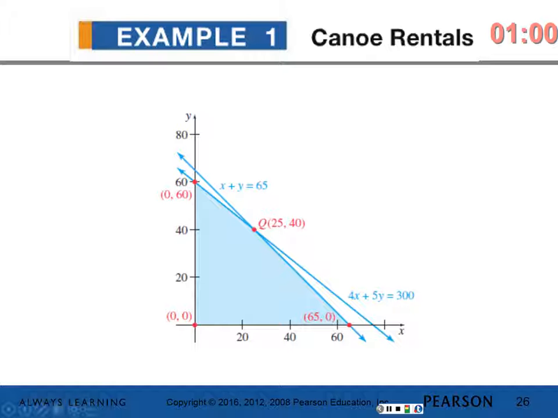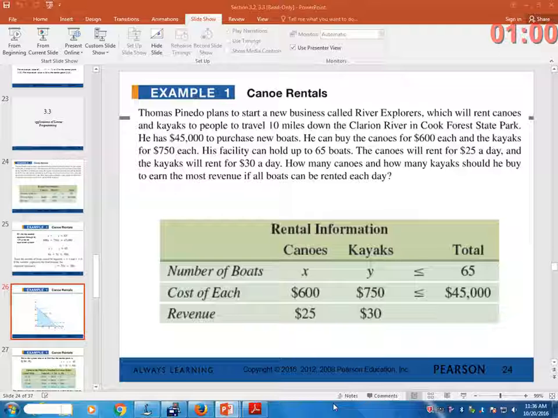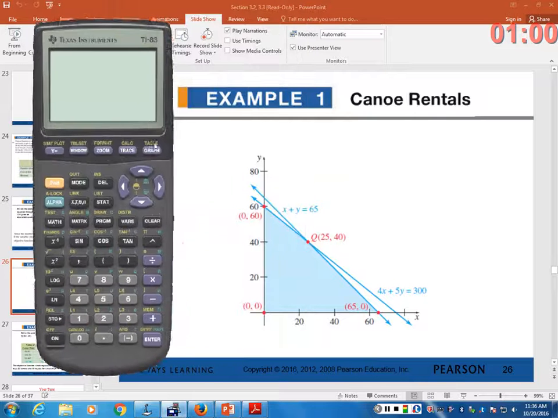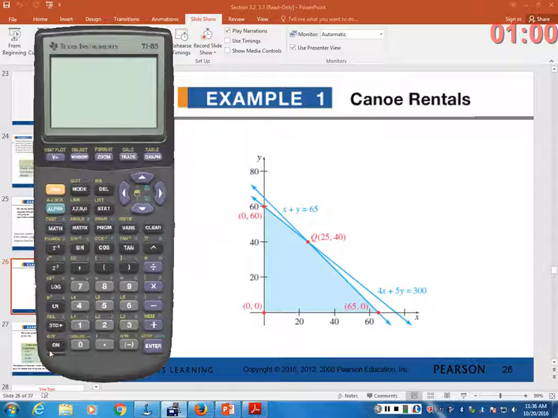And if you want to know what I would put in on the calculator using my little shortcut, I will go ahead and show you that much of it. The first equation, x plus y equals 65, is going to be easy, because that's going to be y equals 65 minus x.